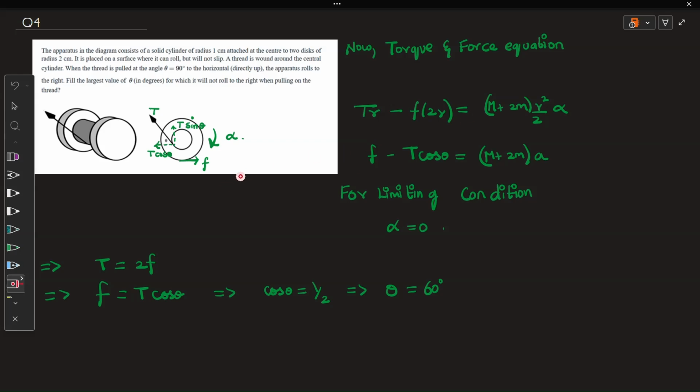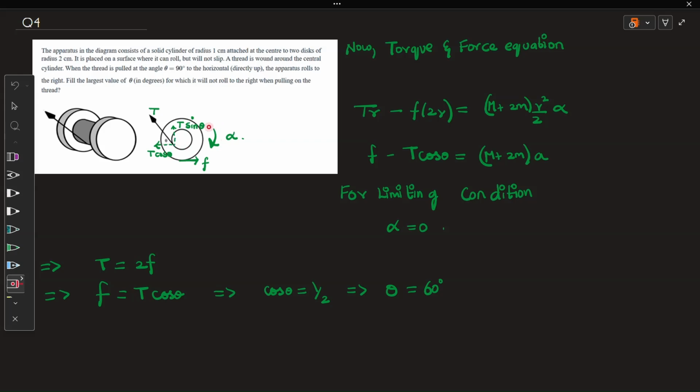Now let's write the force and torque equations. The torque is created by this force as well as by friction. I'm marking this mass as small m, and this is also small m, and this is capital M. Now let's mark this radius as 2R and this radius as R. The torques produced by these two forces are in opposite directions, so T into R minus F into 2R.